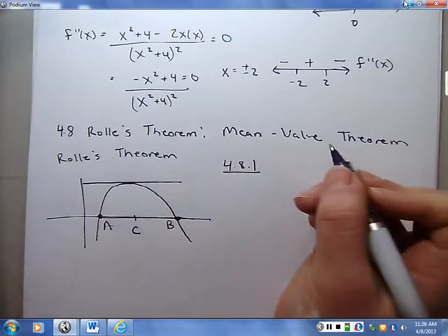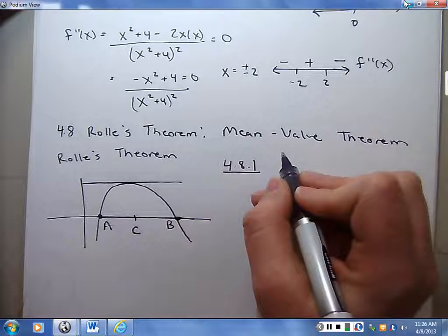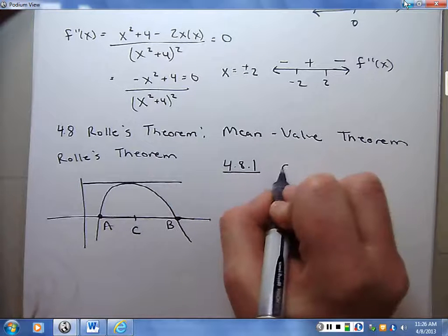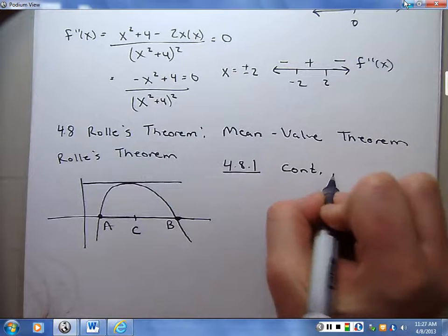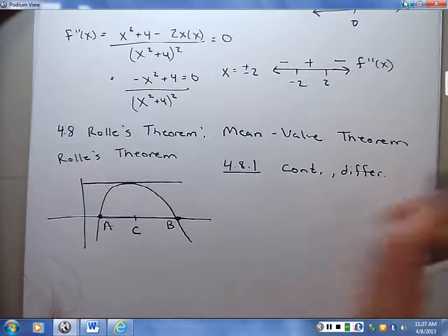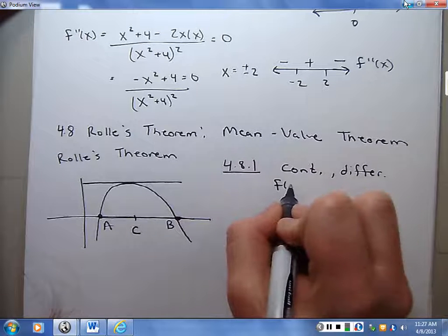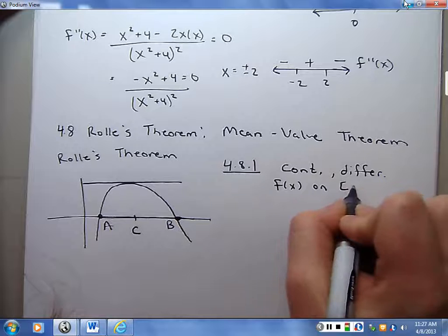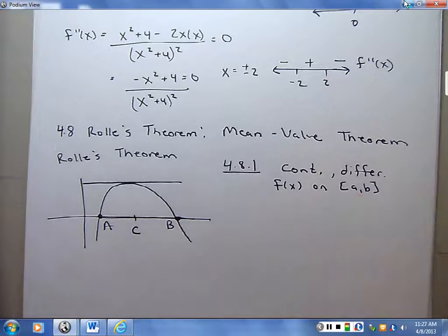4.8.1 is Rolle's theorem, and it states that if you have a continuous, differentiable function on a closed interval AB. Those are our hypotheses, that it's continuous and differentiable on a closed interval.